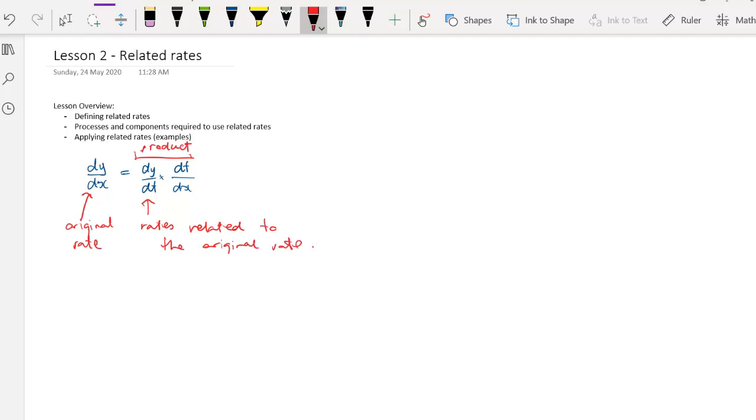Okay, so this one we could pretty easily put into a scenario. We have, for example, a space that consists of x and y dimensions. We have a height here that at any point is y, and a height here that at any point is x, and we have a plank that goes between them.